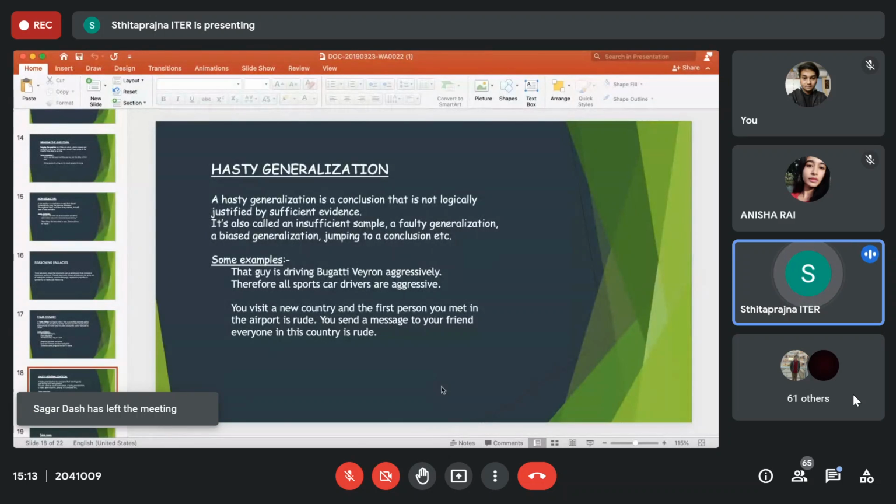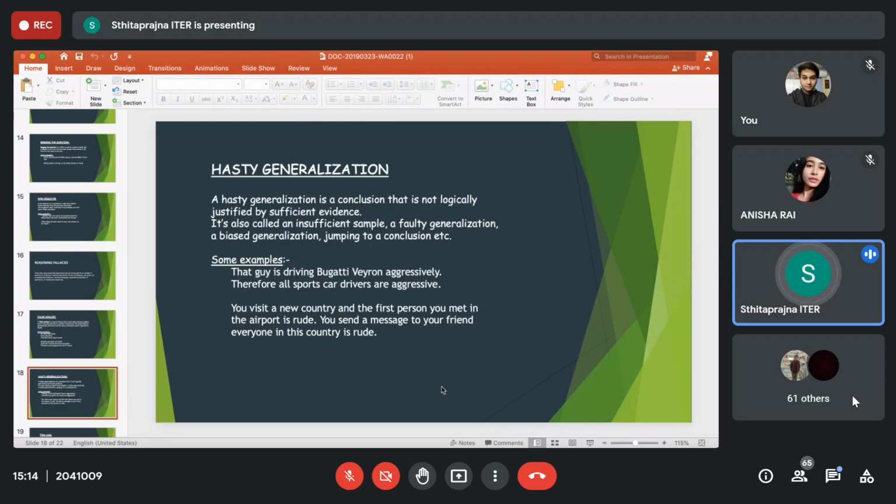You can't take one patient who died even after taking the COVID vaccine and say that COVID vaccines don't really work. The number of samples that are to be tested is important. You can't generalize based on one particular evidence. You visit a new country and the first person you meet in the airport is rude, so you start thinking that everyone in this country is rude. That's too hasty. That's too quick to conclude, right?